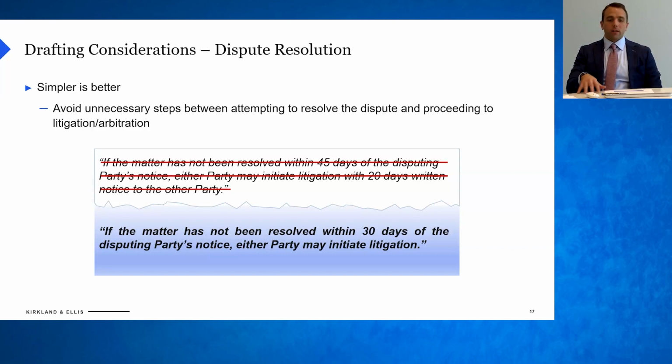But all I'm saying is that the parties have, hopefully by the time I've gotten involved, already exhausted a lot of their non-litigation options. And what these complicated dispute resolution provisions do is they tend to create satellite litigation over whether you complied with your dispute notice requirements or whatever the case may be, which actually gets in the way of resolving the issue.